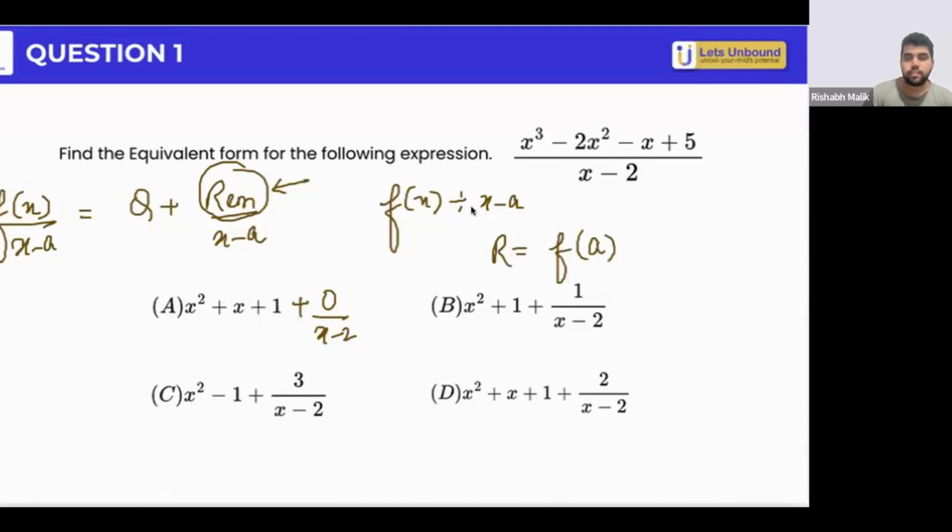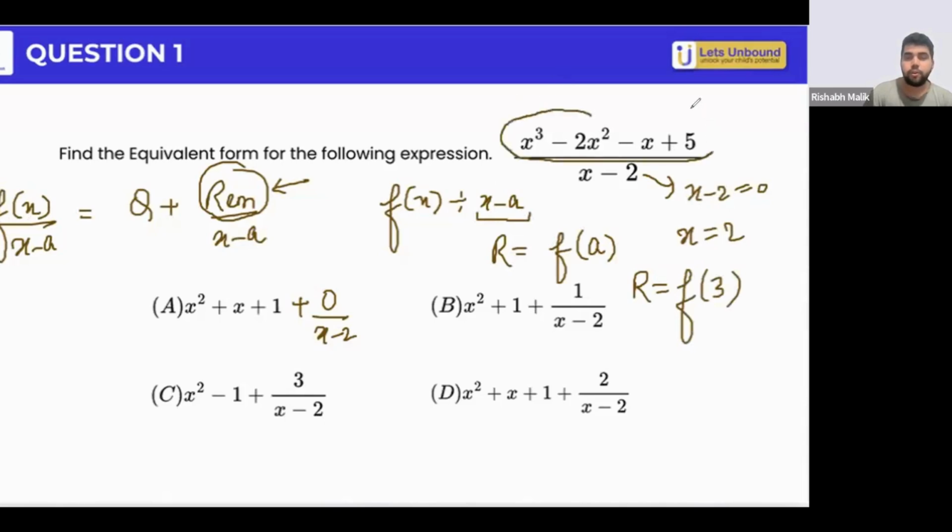Now, what is this a? It's the value of x here that makes this divisor 0. Like in this case, it will be x equals 2. So my remainder value would be given by f of 2. What is this f? F is the dividend, as we said in the initial part. So this entire polynomial is my f.